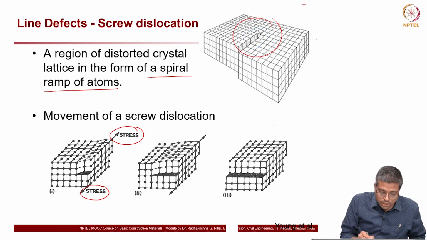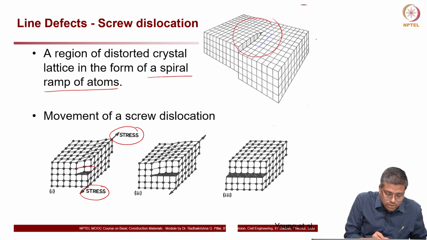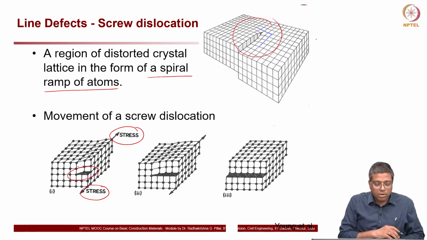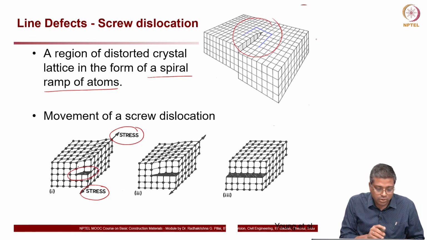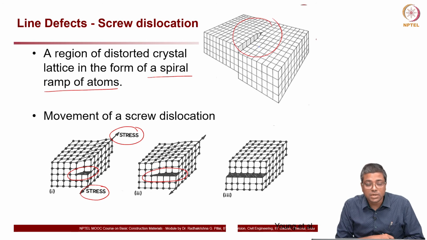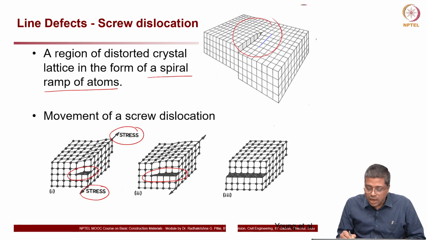You can see the progress in the first image, just 1 or 1.5 unit cells get sheared, and in the second one more than that region gets sheared, the black shaded region, and eventually more region gets sheared.